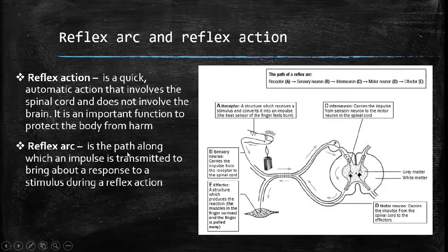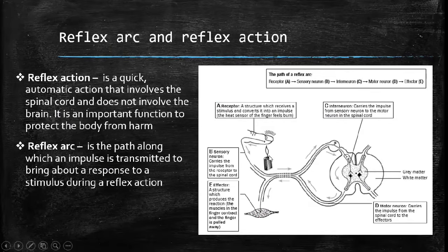Now, the reflex arc is actually the pathway along which the impulses are transmitted to bring about a response to a stimulus during a reflex action. This is the pathway. This is what happens when you receive a particular harmful change in the environment. Now, I'm going to describe what I mean by a dangerous or harmful change in the environment.